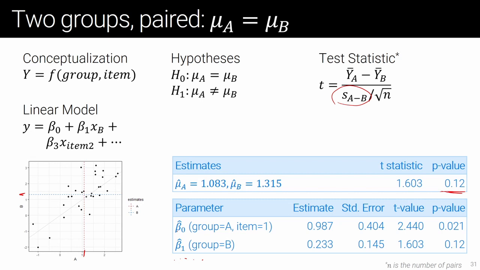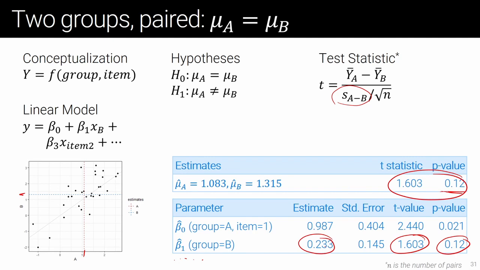Beta 0, again, models the specific case of item 1 and group A. And then beta 1 corresponds to the average deviation for group B. It's not for one specific item, it's for all items in general. So this number here, this estimate, is giving us the difference between group A and group B. And sure enough, what we have is the t-score and p-value the same as we had above.